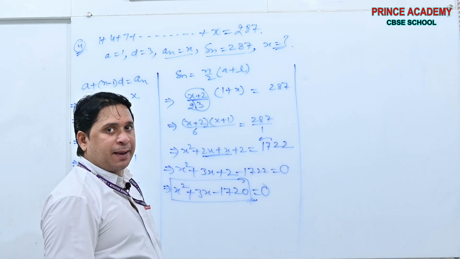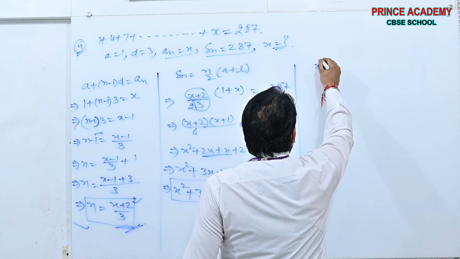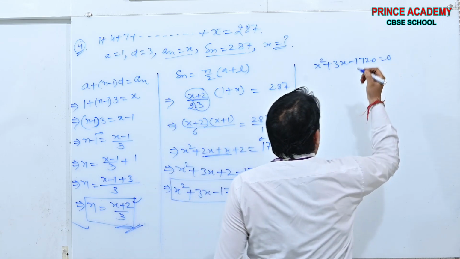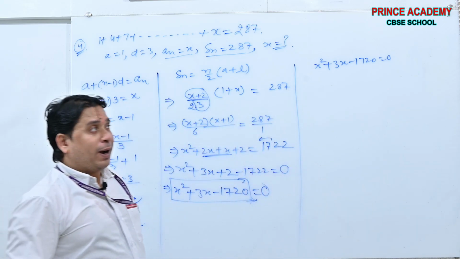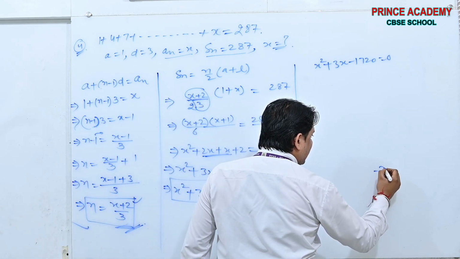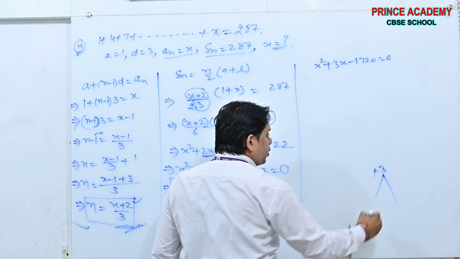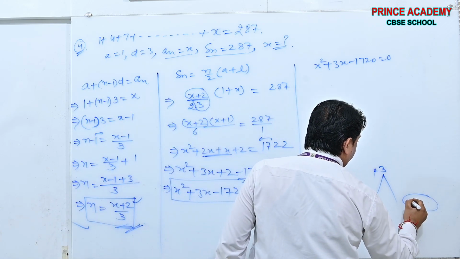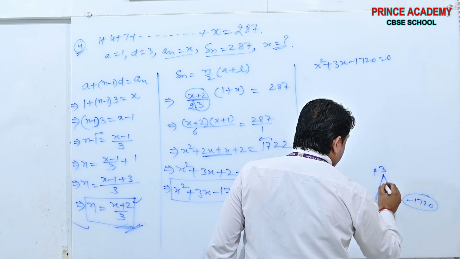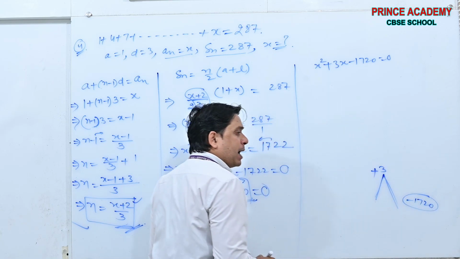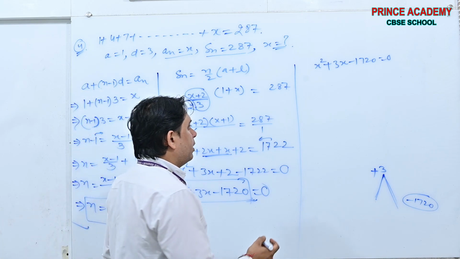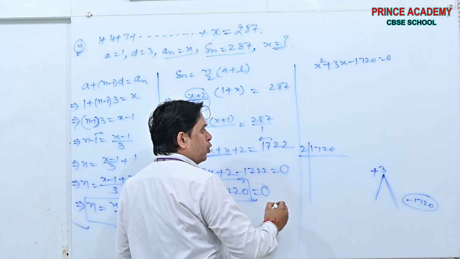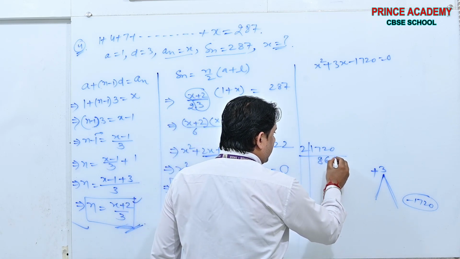Okay, I am solving this. x square plus 3x minus 1720 is equal to 0. Plus 3 should be broken into two parts such that the product should be minus 1720. Now you can take the LCM here. 2, 860.